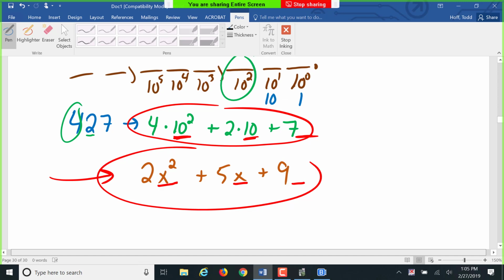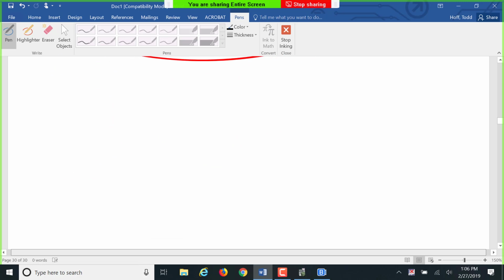Because of that, our algebraic numbers or polynomials work exactly like any other numbers we've worked with: scientific notation, our whole numbers, and so on.